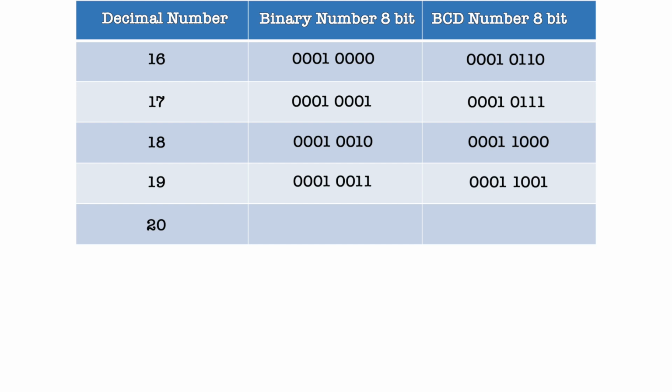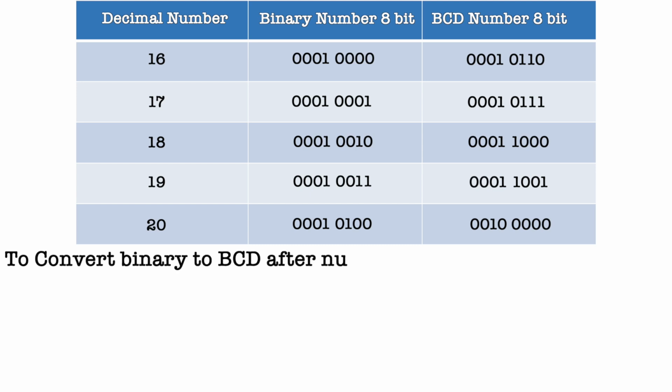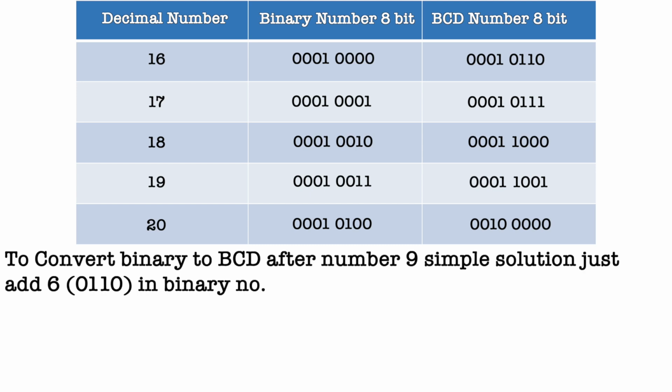And last, 20 in binary is 10100, but in the case of BCD it is represented by 0010 0000, right?